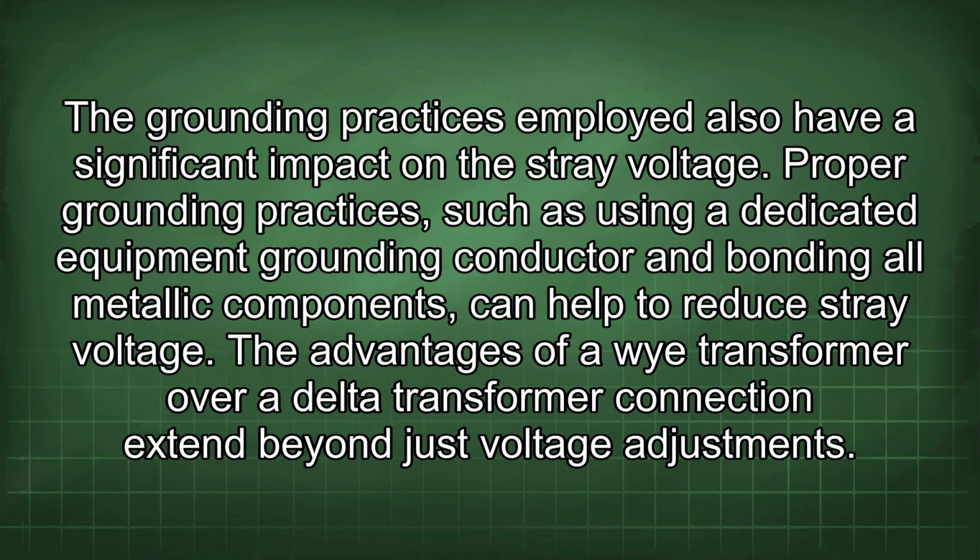The grounding practices employed also have a significant impact on the stray voltage. Proper grounding practices, such as using a dedicated equipment grounding conductor and bonding all metallic components, can help to reduce stray voltage.